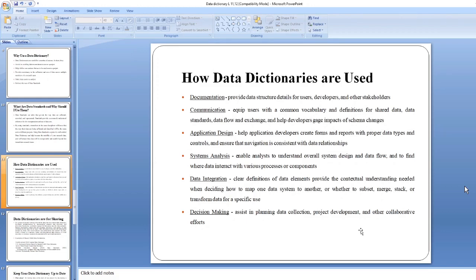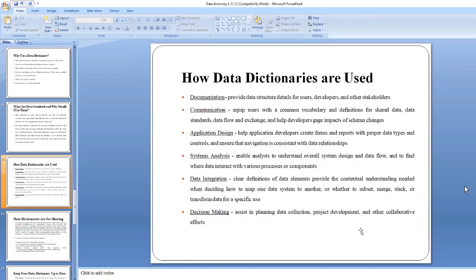Now, system analysts, we know, are those who would be working on the system and would control the whole system design, and those who would be looking after its functioning. They would help us find where data interacts with various processes and components. So the main work of these analysts is to see how these components are working, how they are communicating with each other, how the data flow is taking place. All of that would be defined in system analysis.